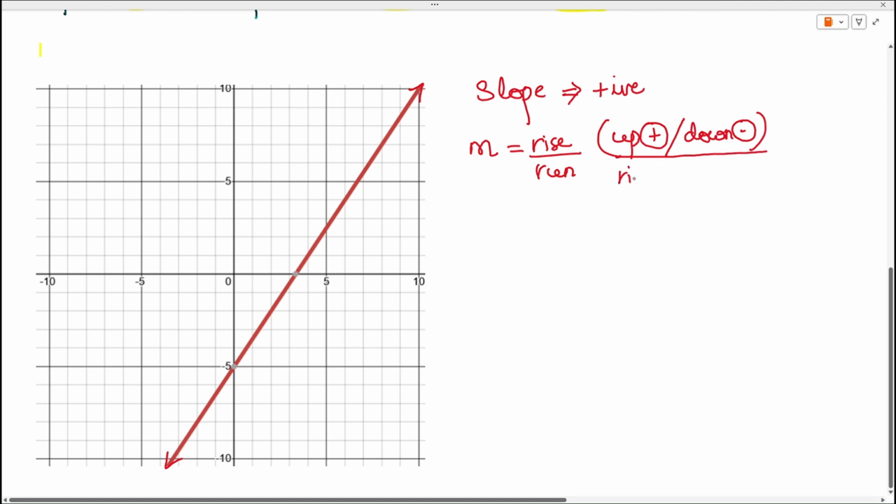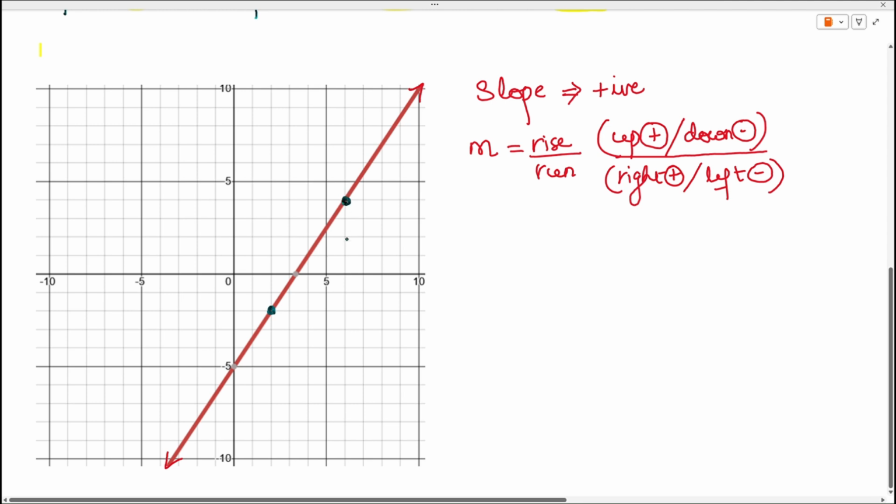If we are moving on the right, the sign is positive, and if we are moving to the left, then the sign is negative. Now, for that, we first need to take any 2 points on this given line. So let us take the first point as this and the second point as this.